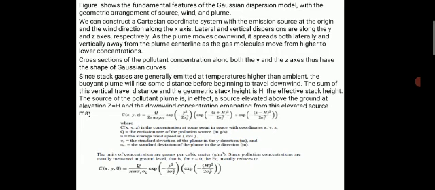As the plume moves downwind, it spreads both laterally and vertically away from the plume center line. As the gas molecules move from higher to lower concentrations, cross sections of the pollutant concentration along both the y and z axes thus give the shape of a Gaussian curve.